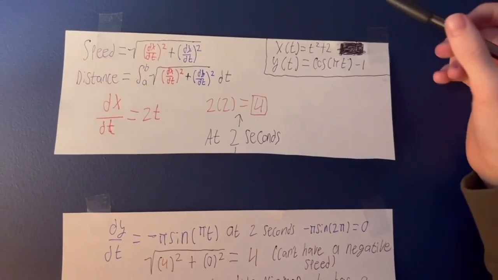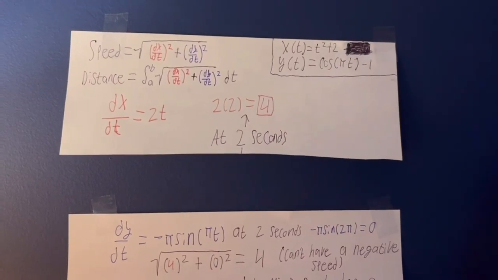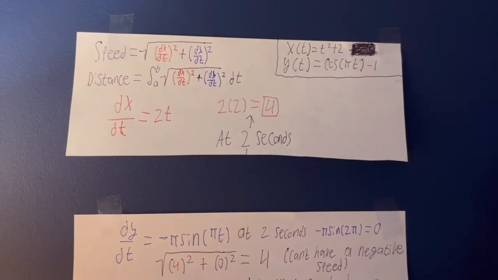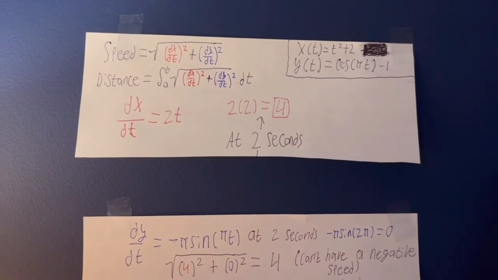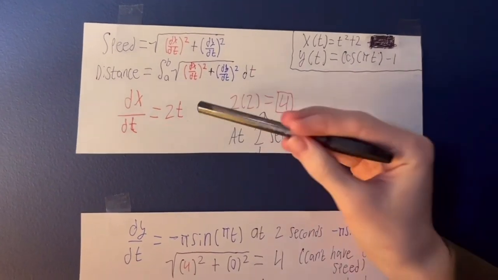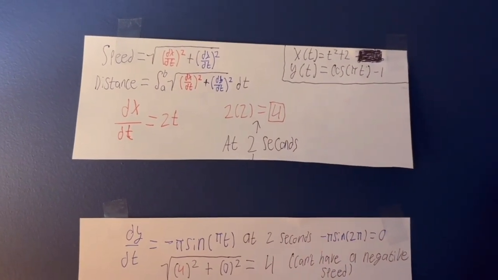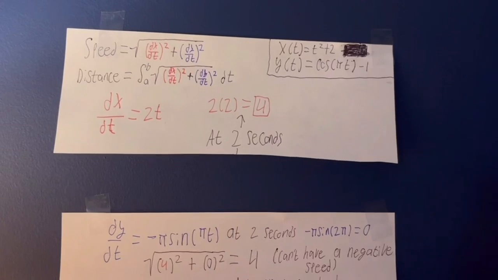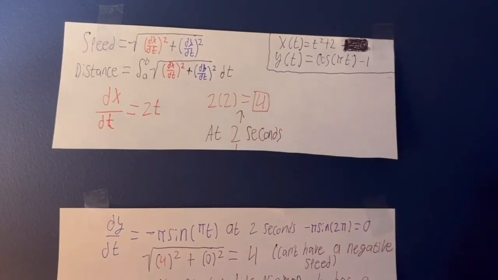So all you have to do is take the derivative of x of t and y of t. The x function is t squared plus 2, so using the power rule you get 2t, because the derivative of any constant is 0. Since the shoebox hits Neiman at 2 seconds, 2 times 2 is 4.